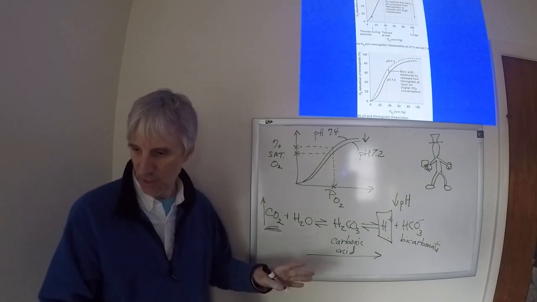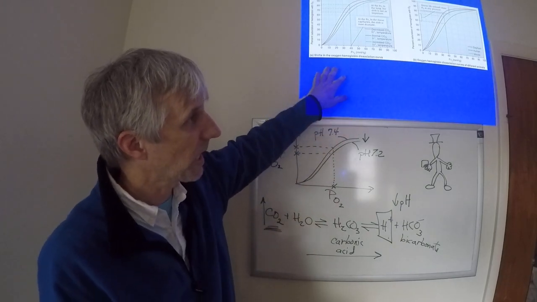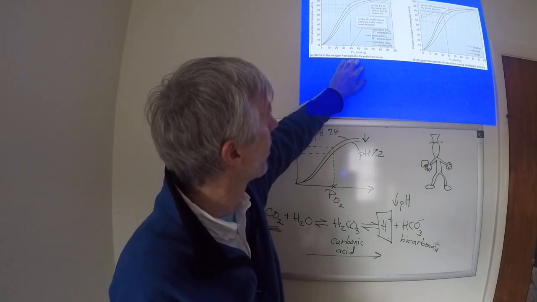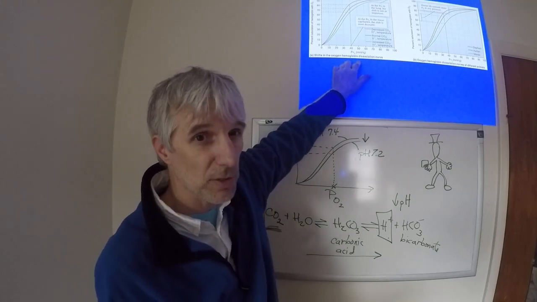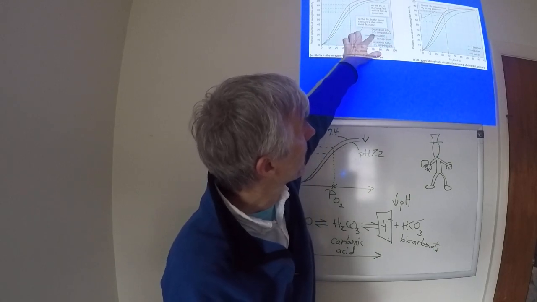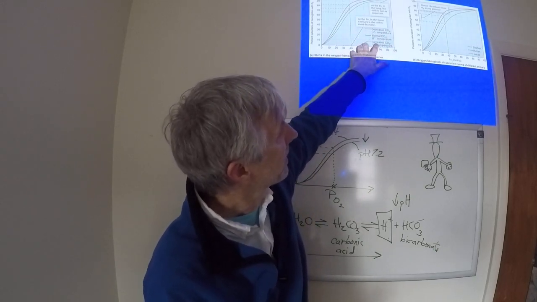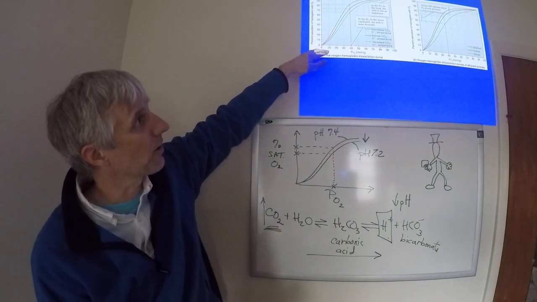I have another slide here. It's pretty much the same as the one we've looked at before. It's the shifts in the oxygen hemoglobin dissociation curve. Notice that decreased CO2 and decreased hydrogen ions and increased CO2 and increased hydrogen ions are reflected in the curve.